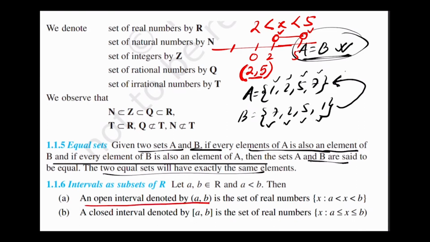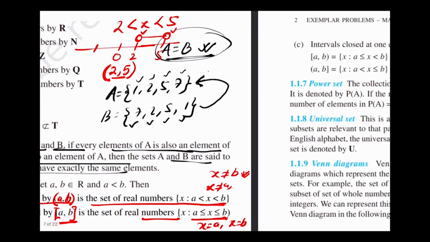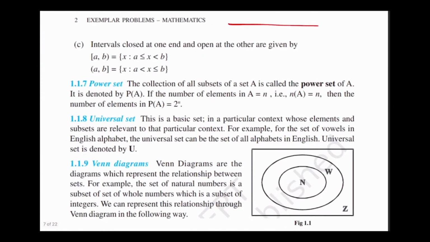So the moment we have an open interval (a, b), it means every value between a and b, but not taking x equal to a and not taking x equal to b. Now, the moment we have a close bracket or square bracket like this, we are taking every value between a and b, including the extreme values x equal to a and x equal to b. How do we write it on the number line? I'll show it again. Let's say x is greater than equal to -3 and less than equal to 10.